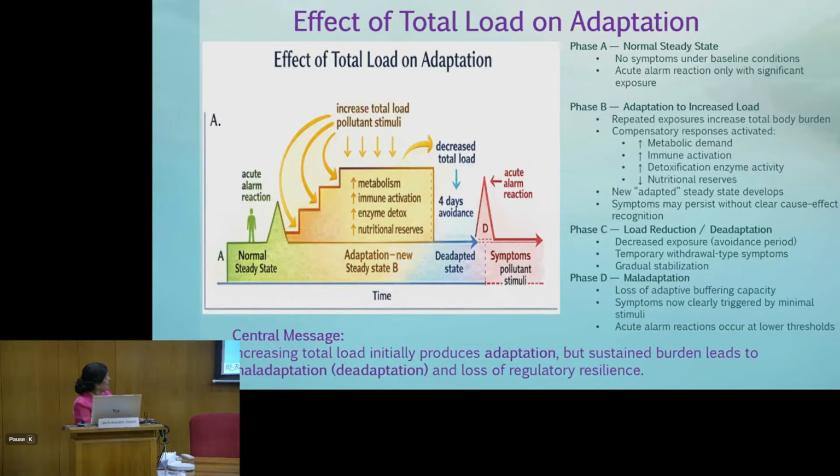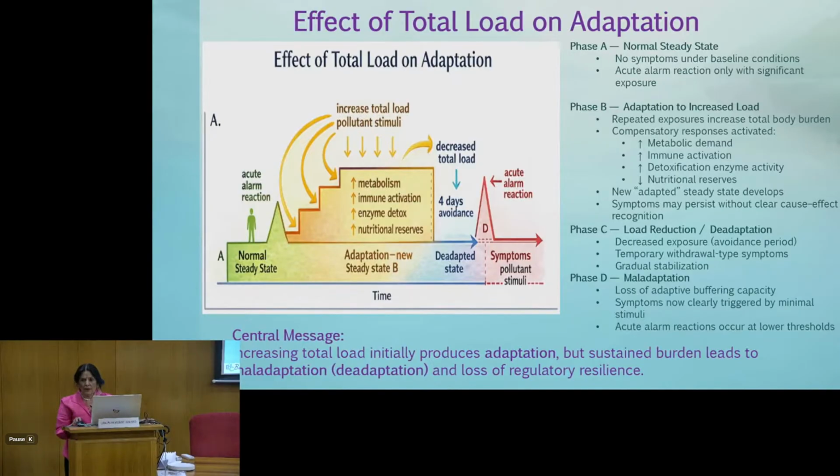But when there is an increasing amount of noxious stimuli, which comes one after another, the body goes into phase B, which is the adaptation to the increasing load, and repeated compensatory responses occur. In this new state of adaptation, in an earlier phase it is not masked, but in a later phase it is masked, and one may have symptoms.